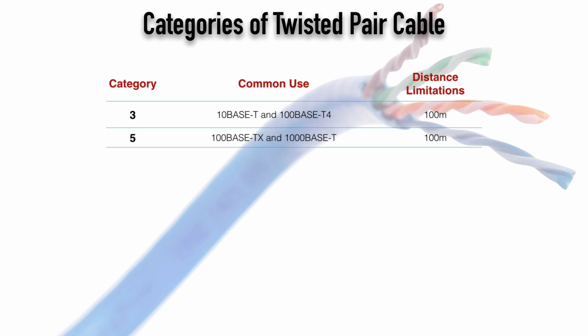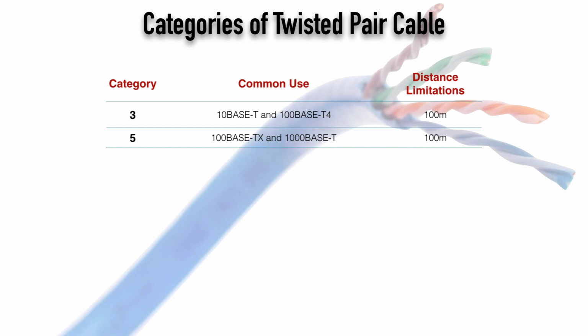Then Category 5 came along, and that let us use just a couple of pairs, in other words, 4 wires in this 8-wire cable to do 100BASE-TX. We used pins 1, 2, 3, and 6 out of the 8 pins, and that could go for 100 meters and transmit data at a rate of 100 megabits per second.